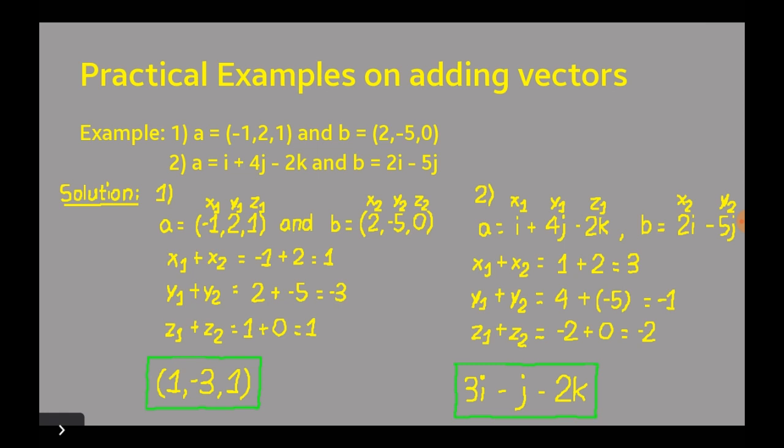So let's write the vector 3i minus j minus 2k.